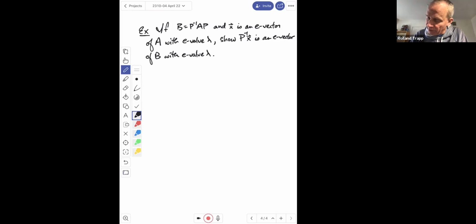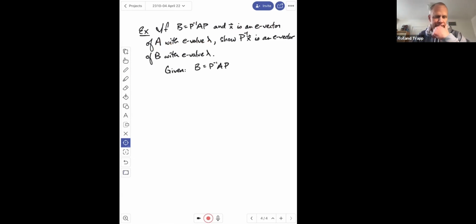And so what I'd like to write down is my givens and my goals algebraically. Okay. So one, I'm told that B is equal to P inverse AP. So I'm given that B is P inverse AP. And I'm also given that X is an eigenvector of A with eigenvalue lambda. Now, that's a lot of words, okay?